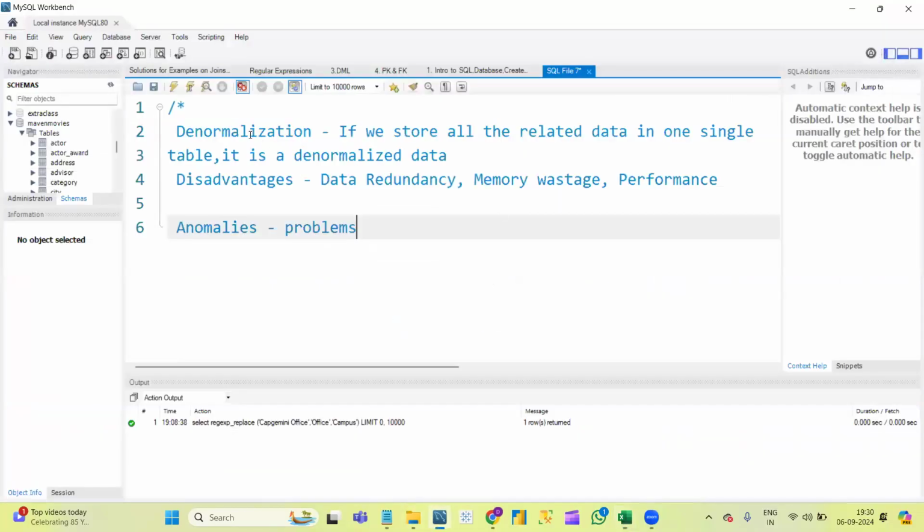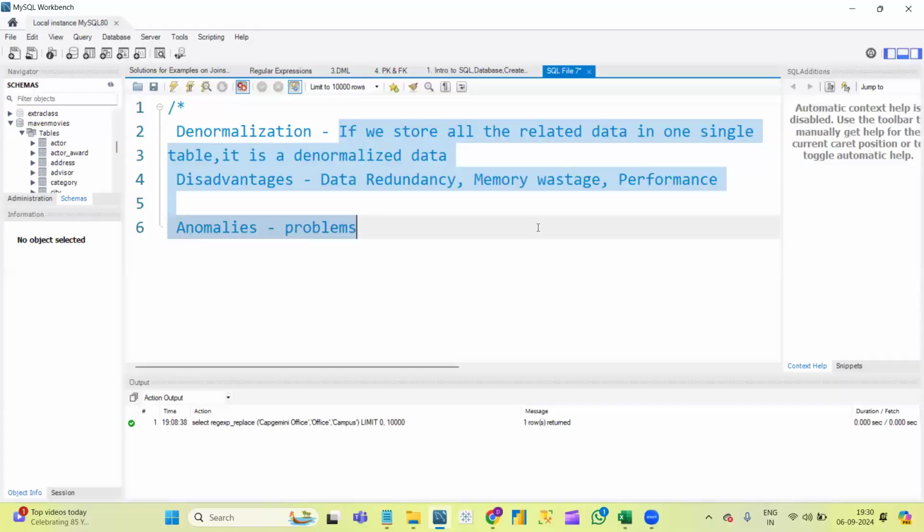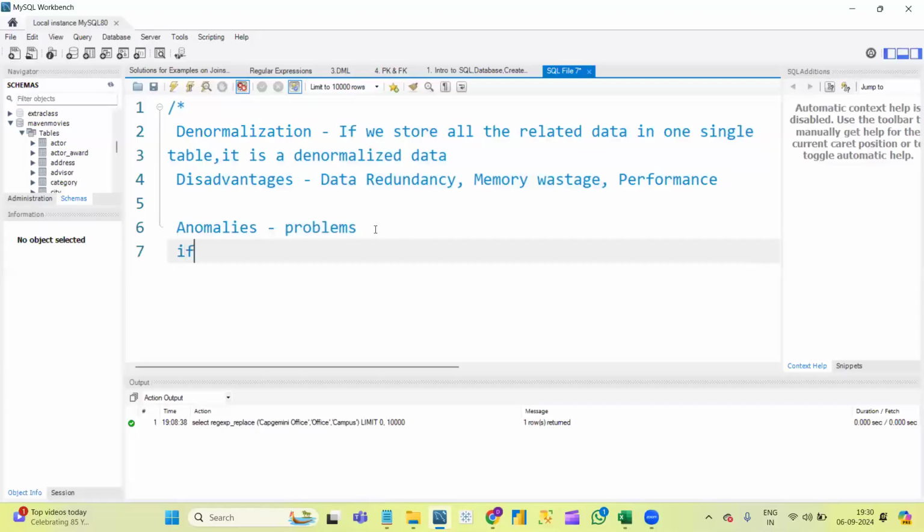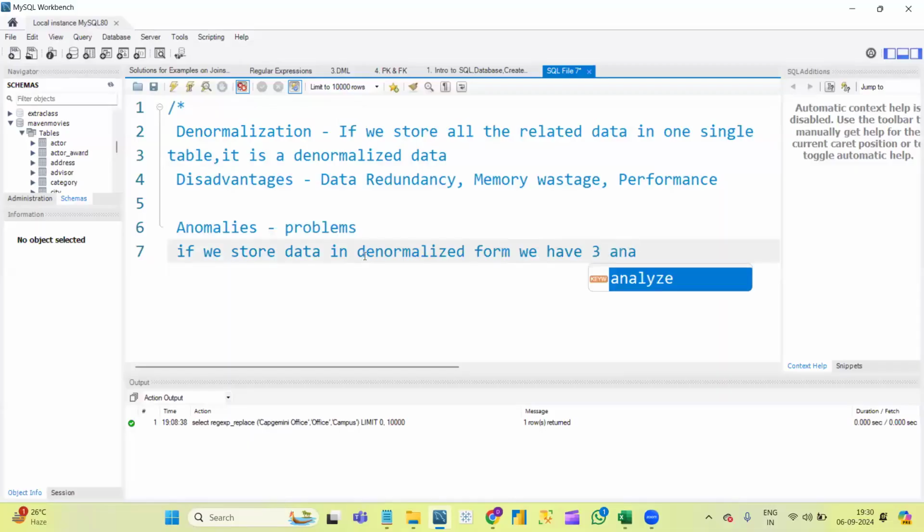So basically, previously we had a concept called denormalization. If we store all the related data in one single table, we face some issues. Technically, we call those issues anomalies. We have 3 anomalies here. If we store data in denormalized form, we have 3 types of anomalies.